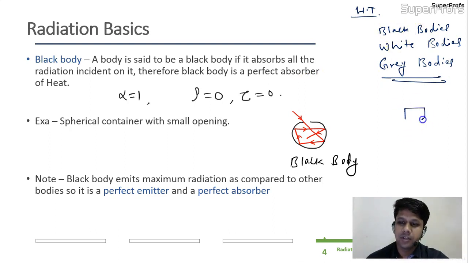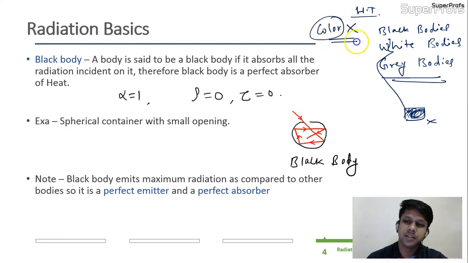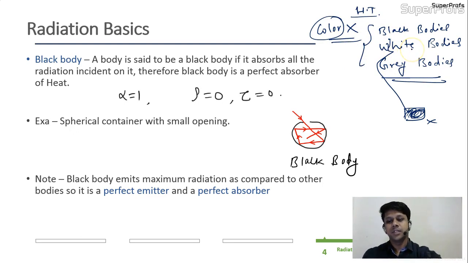Is it like if a body is black in color, then can we call it a black body? No, this has nothing to do with color. The color of the body has nothing to do with these black, white and grey. So we will discuss what is the meaning of a black body, what is the meaning of a white body, and what is the meaning of a grey body.